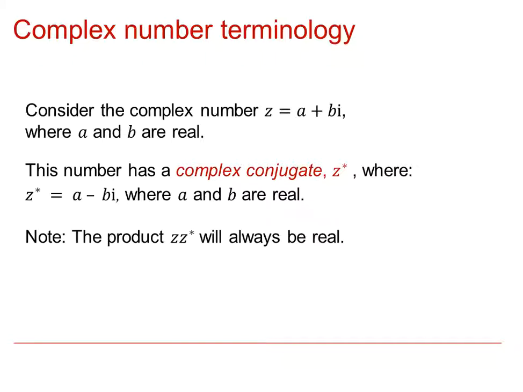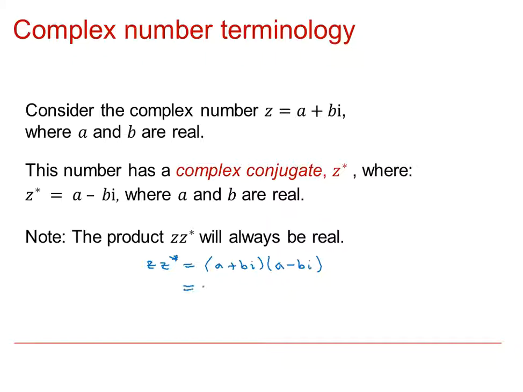It's worth noting that the product z z star will always be real, and we can demonstrate that. So in doing z z star, that's a plus bi times a minus bi.